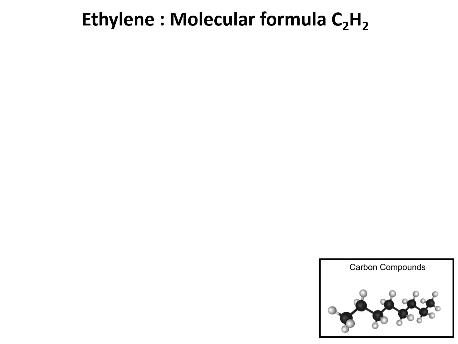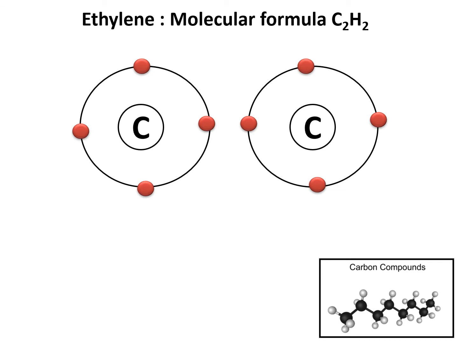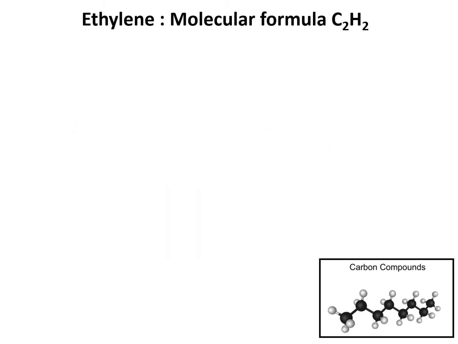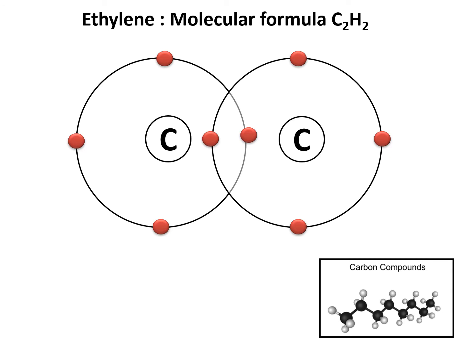Next we'll move to ethyne, which is also called acetylene. The molecular formula is C2H2. We will take the first two carbons; carbon valency is 4, so 4 electrons each. The first step is that a single bond is formed between them.